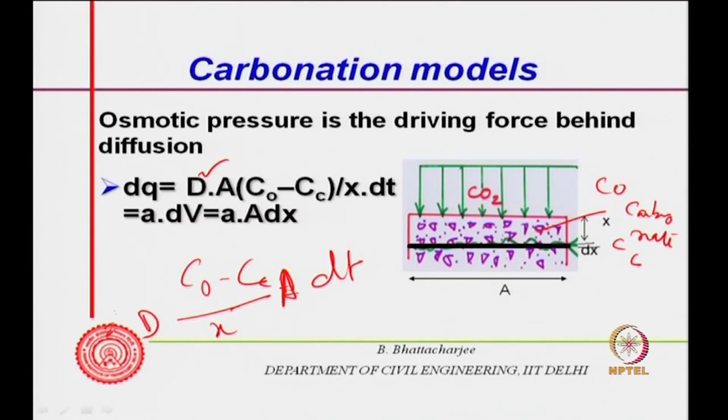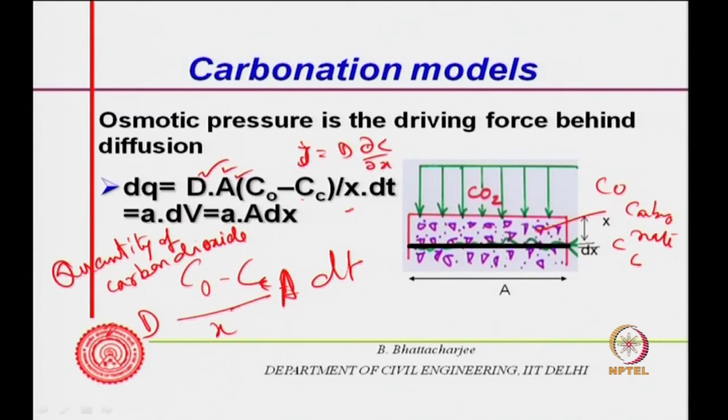So, dq stands for the quantity of carbon dioxide coming in, which is D A (C0 minus C)/x multiplied by dt. So, that is the quantity. I should have used J for flux, J equals D del C del x, somebody could have written it like this, J is the flux. This is the quantity I am talking of.